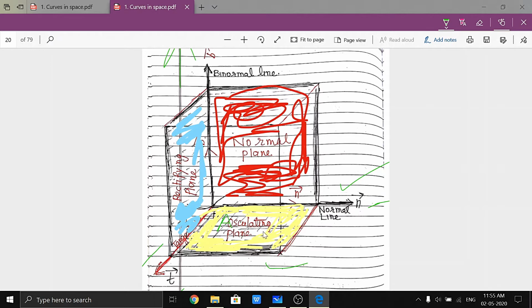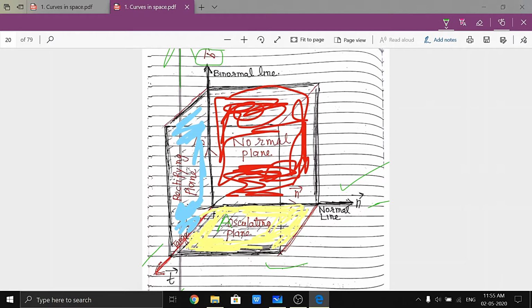Any vector in this plane is perpendicular to the binormal vector, so the plane is perpendicular to the binormal. The normal plane is perpendicular to the tangent vector, and it contains the principal normal line and the binormal line.